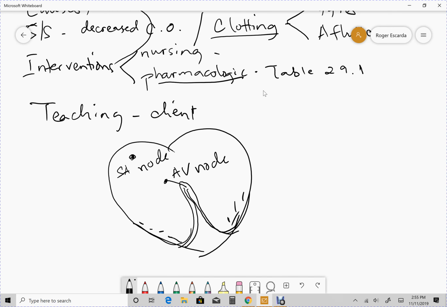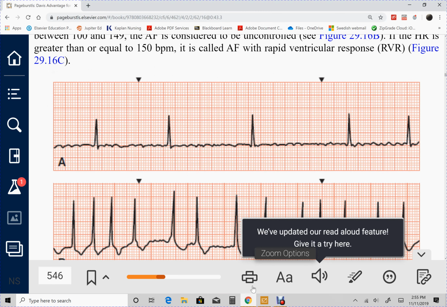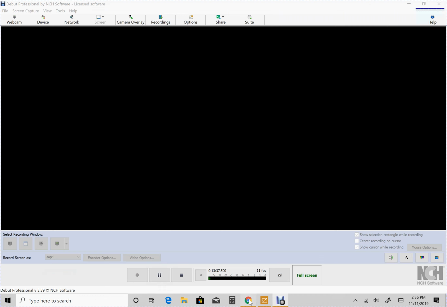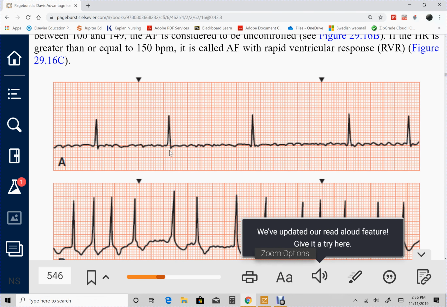The SA node fires, which forms your P wave. So obviously in this rhythm, since there are no P waves, this can't be sinus rhythm, because a rhythm that has a P wave means the electrical impulse originated from the SA node.